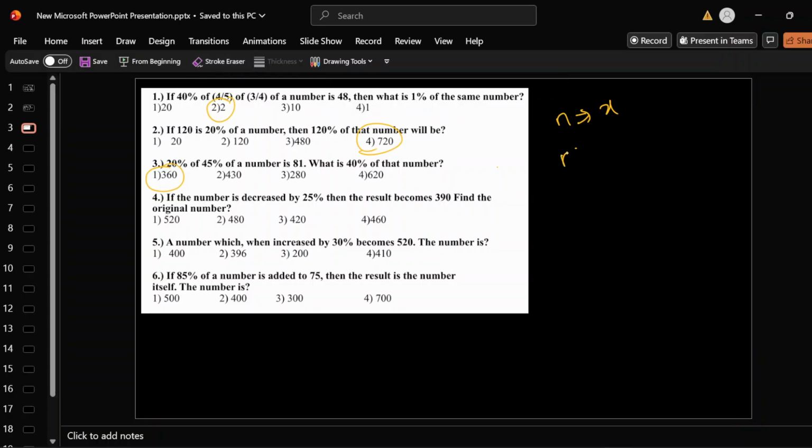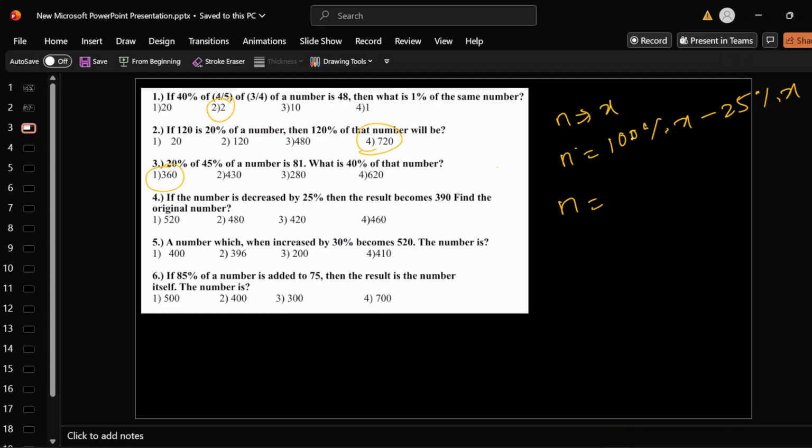So here I will write n equals 100% of x. The number is decreased by 25%. That means from 100% of x, 25% of x is subtracted. Then the result becomes 390.